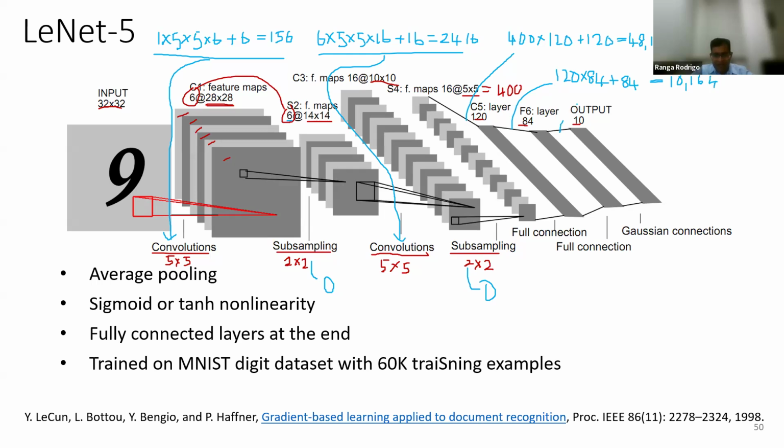Then finally, you have this one, 84 times 10 plus 10. I can calculate that with the calculator: 850.